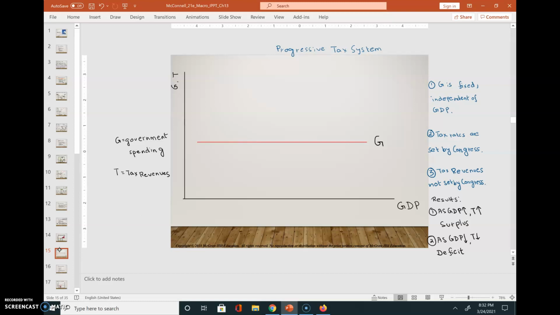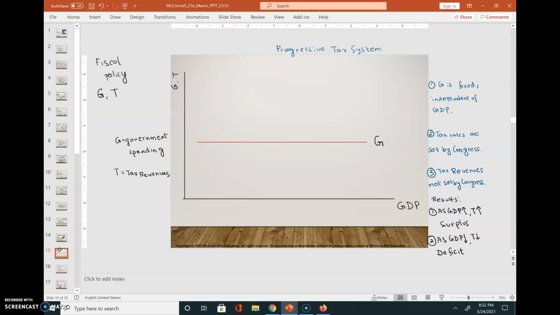Okay. Just to let you know, here we are looking at fiscal policy, or the financial policy. So fiscal policy, the way the government intervenes, is by changing government expenses or changing tax rates.